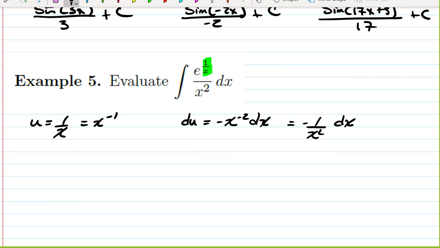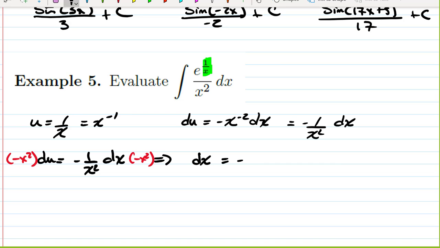So solving that for dx, we would multiply both sides by negative x squared, and when we do so, we would get that dx is equal to negative x squared du.